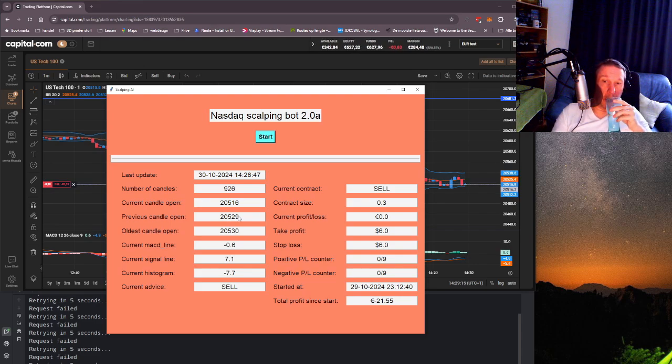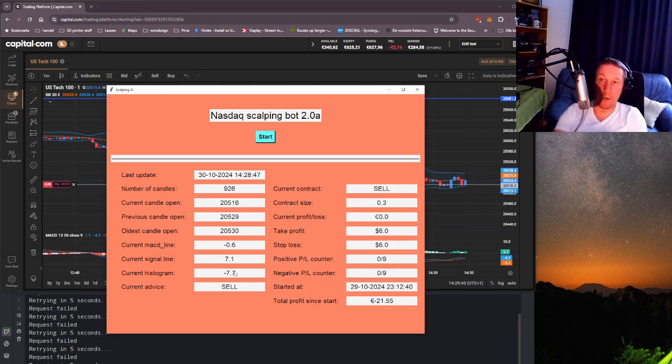Okay, but let's see. And the histogram is higher than 7, minus 7. We still got some seconds before the market will open.